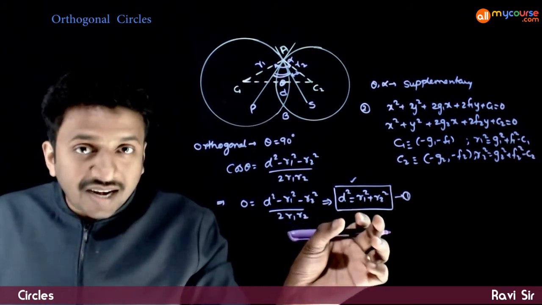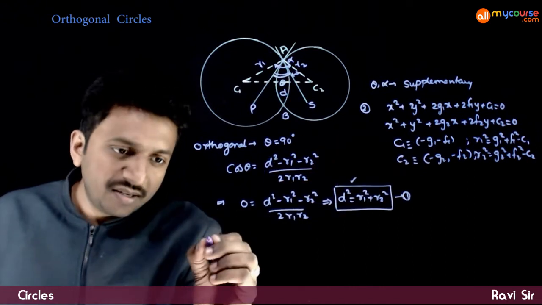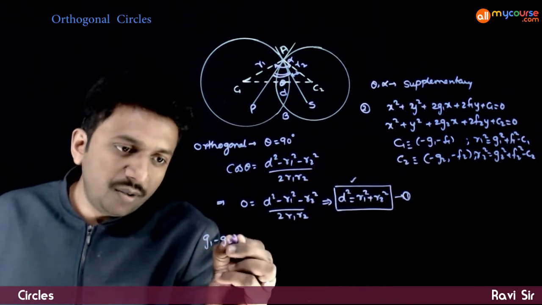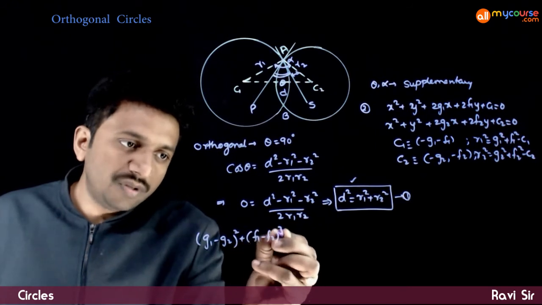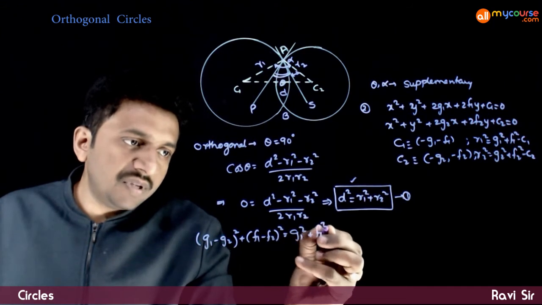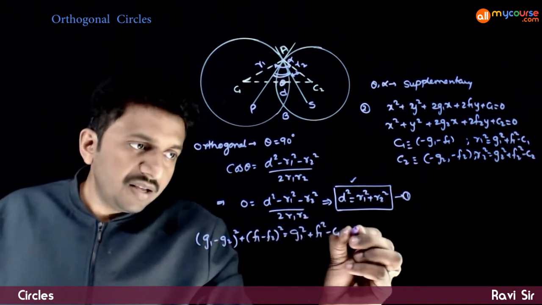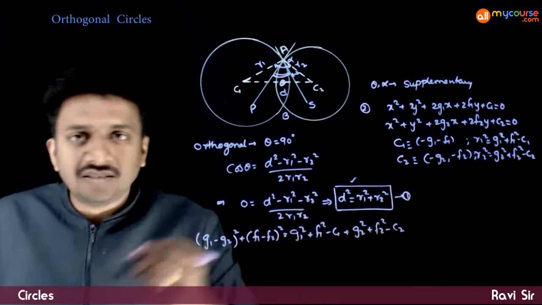So what does this condition give you here? So the distance between the centers whole square, g1 minus g2 whole square plus f1 minus f2 whole square, is equal to g1 square plus f1 square minus c1 plus g2 square plus f2 square minus c2.